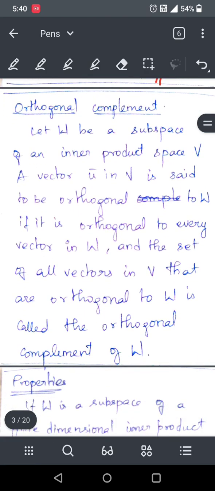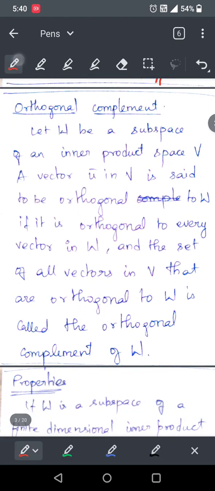So next is the concept of orthogonal complement. Here W is a subspace of V, and when you consider a vector u, if that vector is orthogonal to all the vectors in W, then we say that u is orthogonal to W itself.